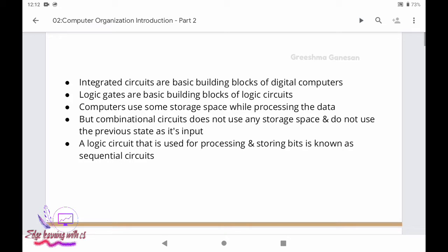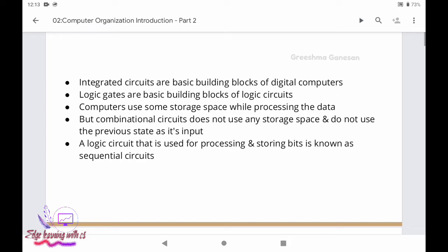It takes only the present input and does not use the previous state as its input. So we have to keep track of the present input only. No need to take any previous state input.